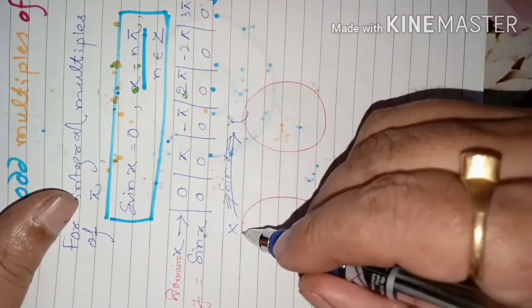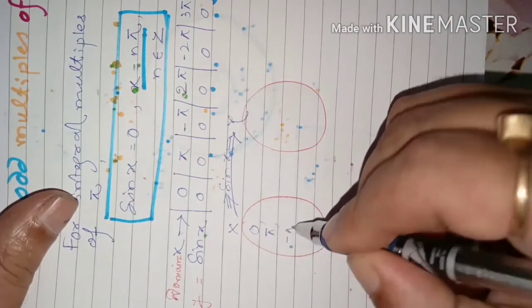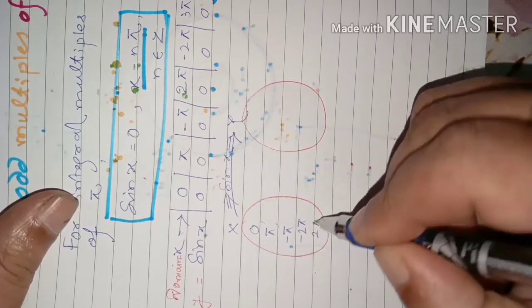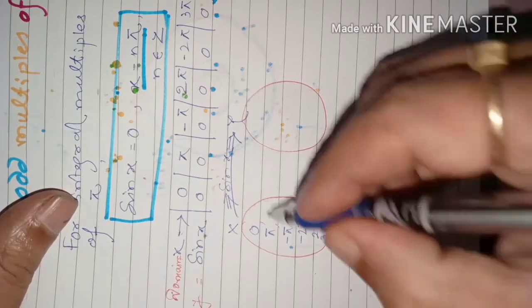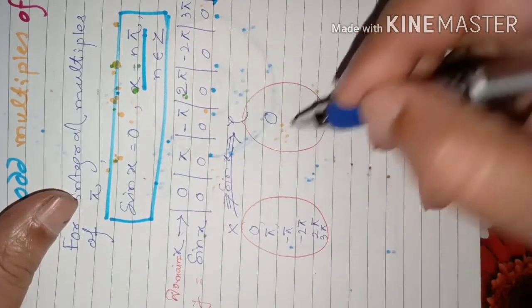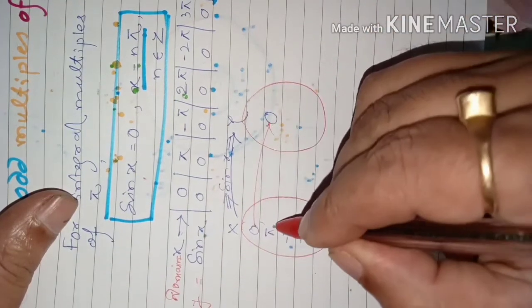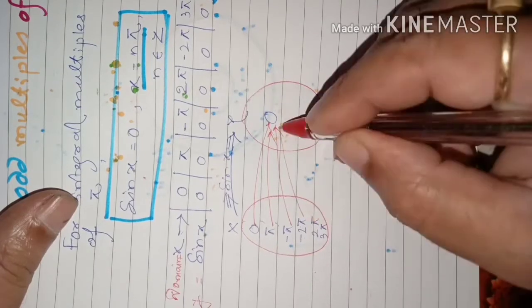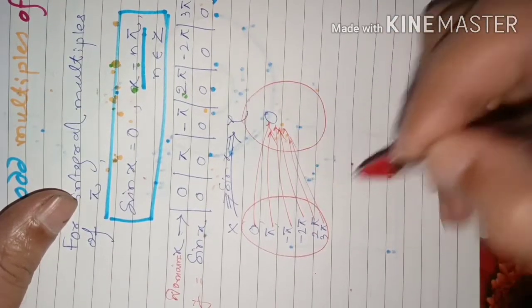So for this x, the input will be 0, pi, minus 2 pi, 2 pi, 3 pi, all of this, but the y value will be 0. Zero is linked to 0, pi is linked to 0, minus pi also linked to 0, twice pi also linked to 0, 3 pi, minus 2 pi, minus 3 pi, all are linked to 0.